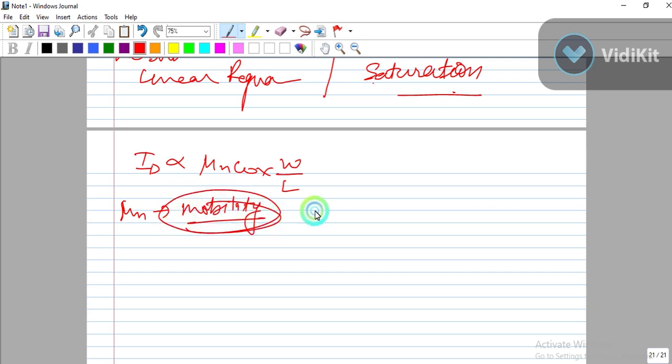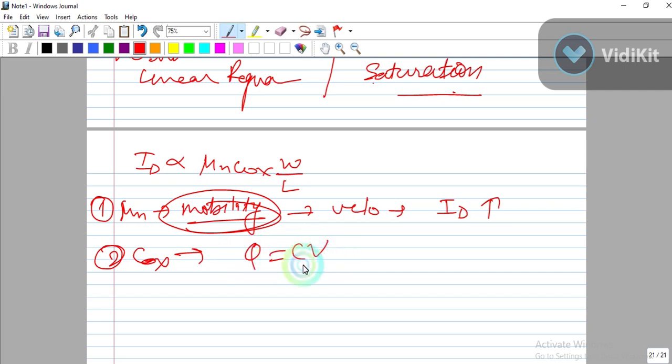If mobility increases, velocity will increase, meaning ID will increase, simple. Second, Cox. You know Q equals CV, and C is A into Cox. If Cox increases, C will increase, then Q will increase. If Q is increasing, then ID will increase.